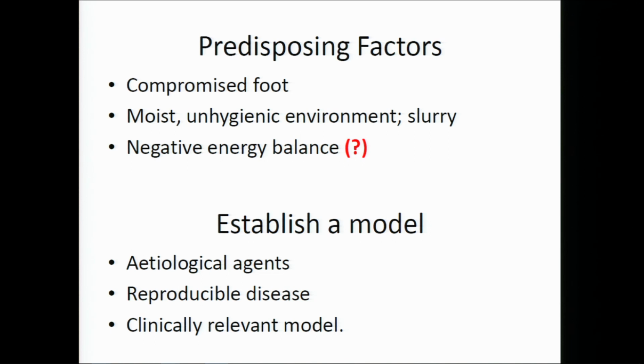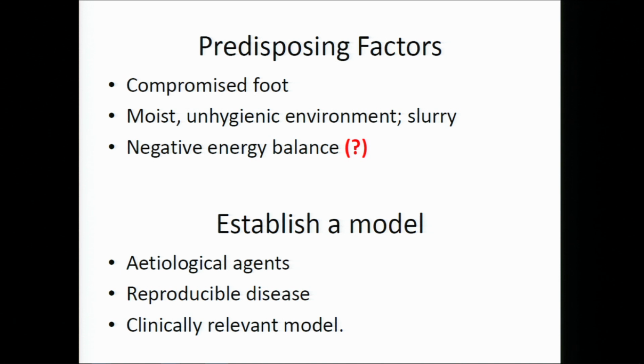So some background information, just to let you know some considerations we put in place when developing this model. Some predisposing factors are well described in the literature: the presence of a compromised foot, and exposure to a consistently moist, unhygienic environment. The classic example here is the dairy cow standing in slurry all day.